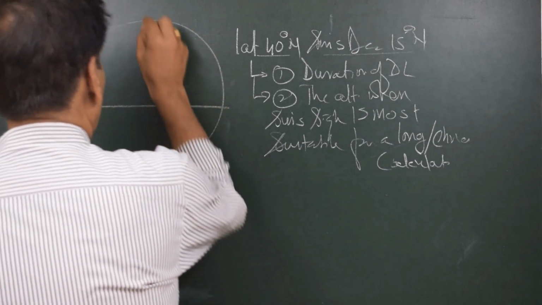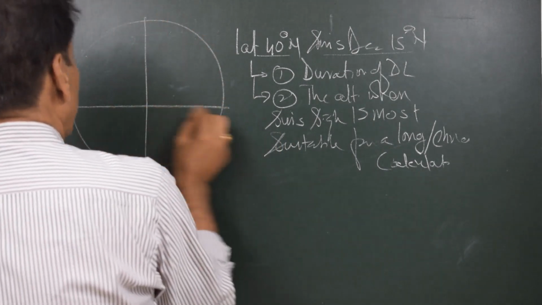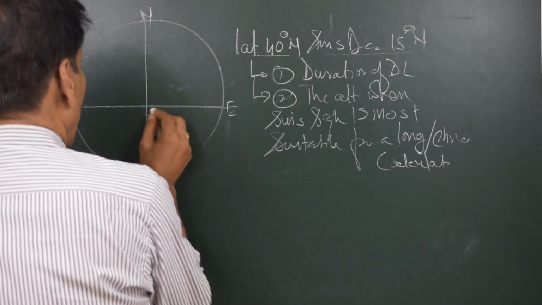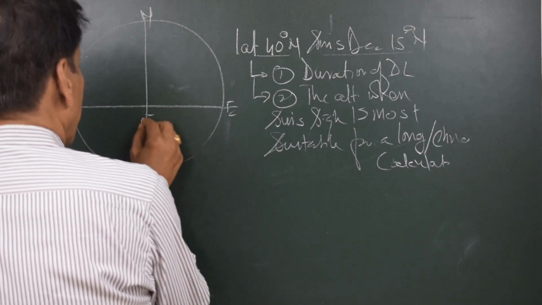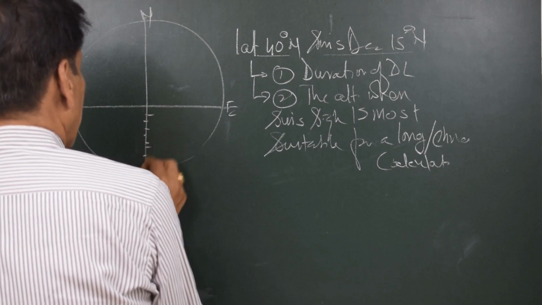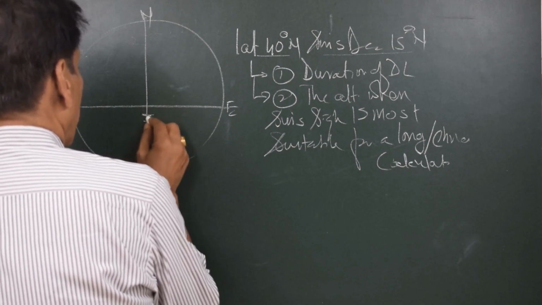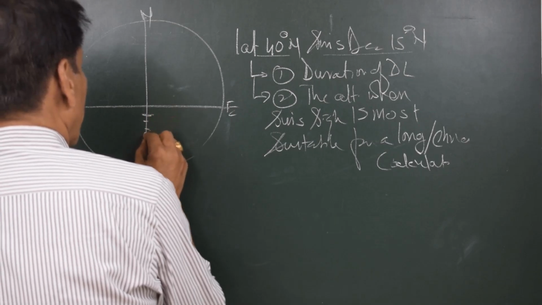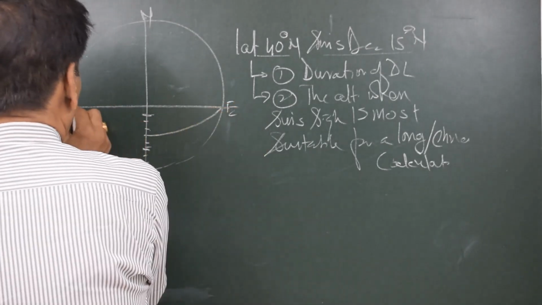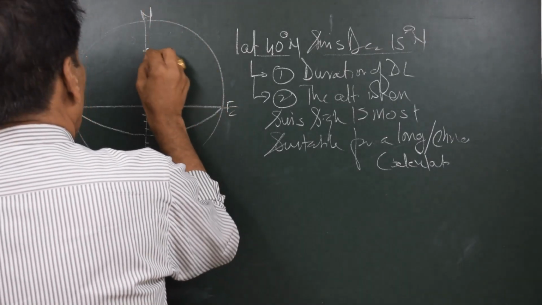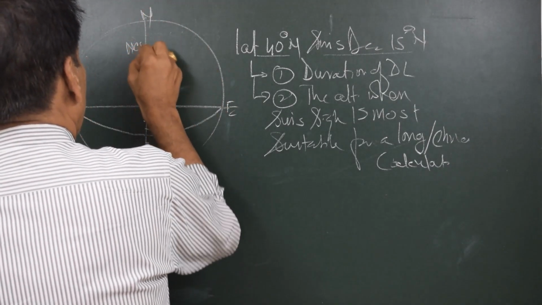We are talking about an observer's rational horizon diagram. This is west-east, the north-south, and I divide this part into 9 segments, and because the latitude is 40 degrees north, 10, 20, 30, 40, the equinoctial would be like this, and by the same amount the north celestial pole would be here.